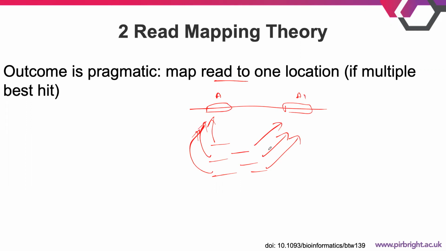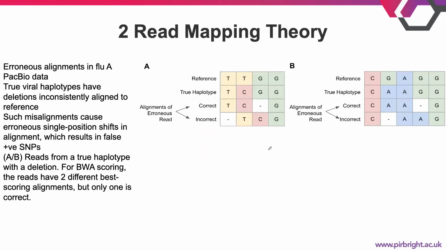But what is worth noting is that the alignment scores still matter a lot, especially when you're dealing with viral haplotypes. If we have erroneous alignments to influenza A PacBio data, and we're trying to work out the true viral haplotypes, and as you know, viral mutation rates can be high depending on the specimen, we're interested in this issue of false positive SNPs.